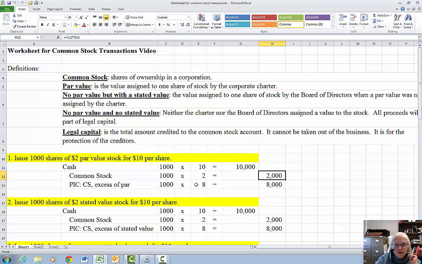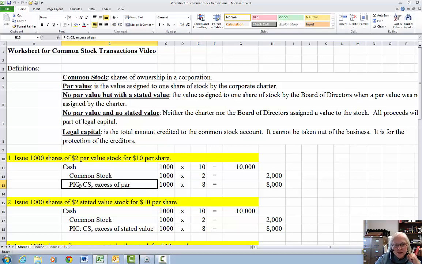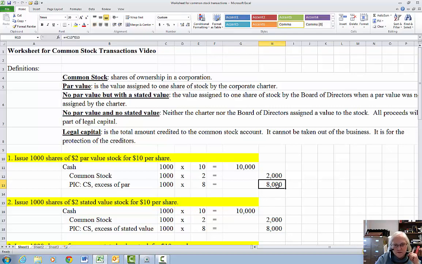And then the remaining $8 per share goes into the additional paid-in capital account. In this case, it's additional paid-in capital in excess of par because our stock does have a par value. It's 10 minus 2, so $8 per share, $8,000.